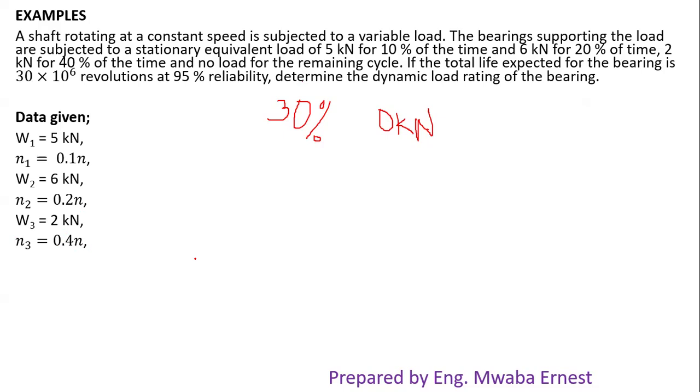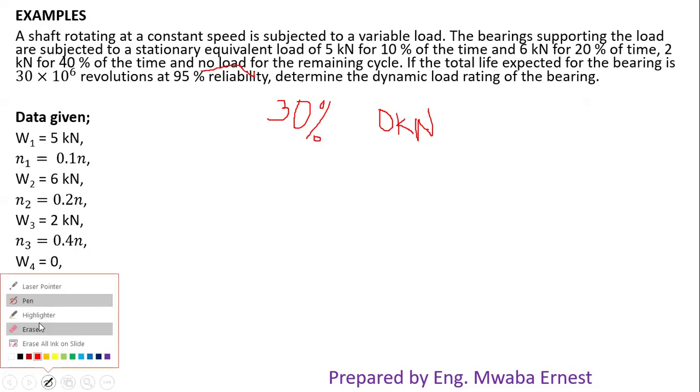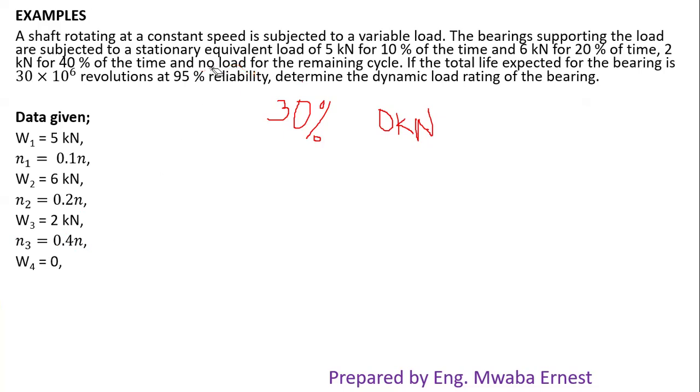Let me proceed. The fourth load was W4. We were told it's at no load. Suppose there was a number here and it didn't say no load, what would we do with it? Here they have said no load, meaning the number is 0. If a different number was provided, that's what we would write there.